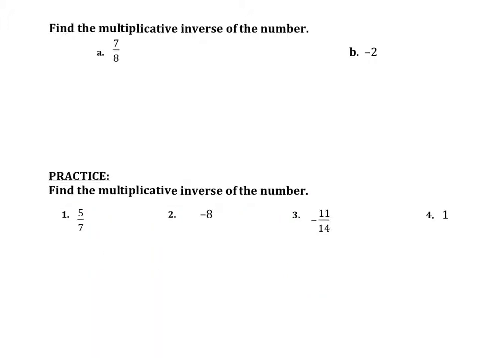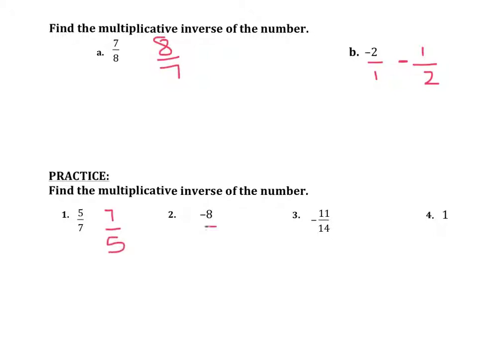All right, so let's apply a little bit of what we've learned. Find the multiplicative inverse of the number. The multiplicative inverse of 7 all over 8 is going to be 8 all over 7. The multiplicative inverse of negative 2 is going to be, I should say, negative 1 all over 2. The multiplicative inverse of 5 all over 7 is going to be 7 all over 5.